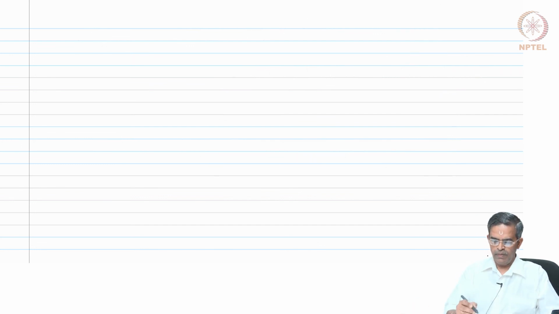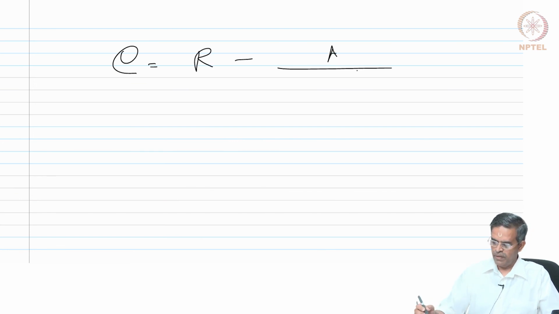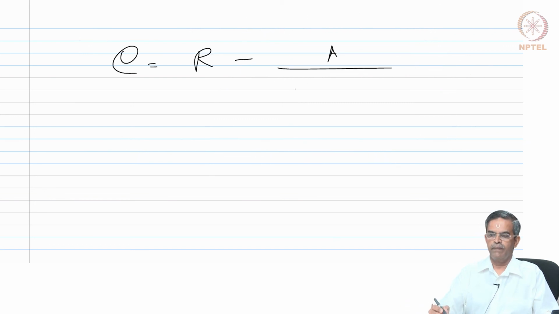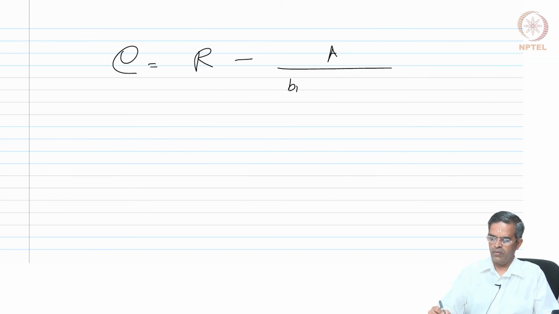So, e is going to be R minus A by B1 ln R2 by R1 plus B2 ln R3 by R2.